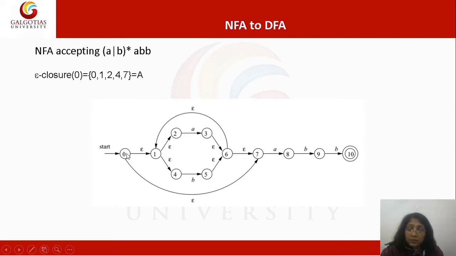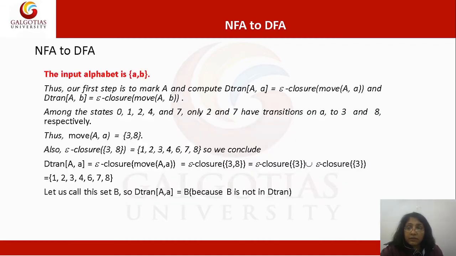So you can reach 0, one state, then by epsilon transition we can reach 1, then 2, 4, and we can reach 7. This state set is the first state, which will be added into D.